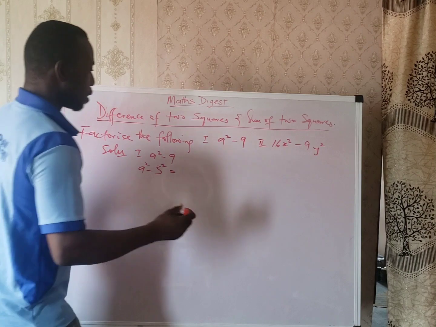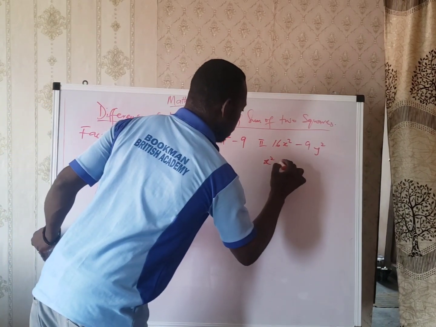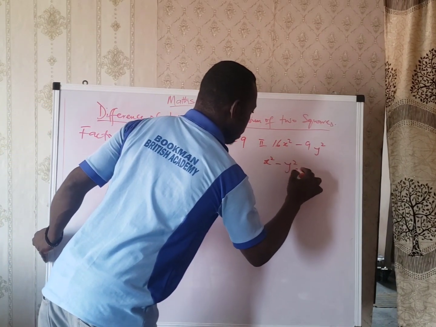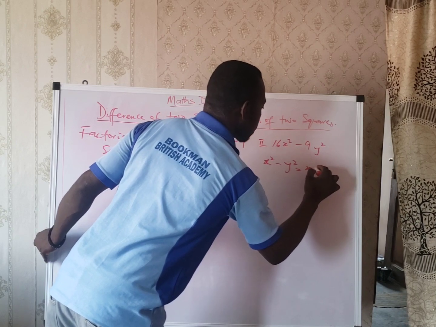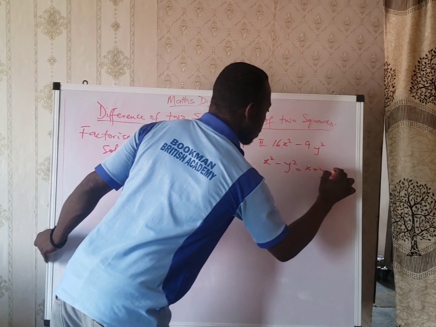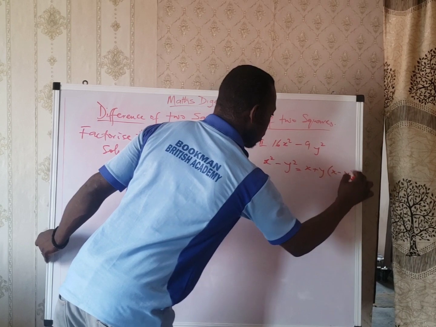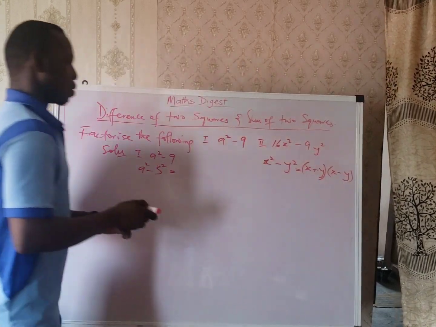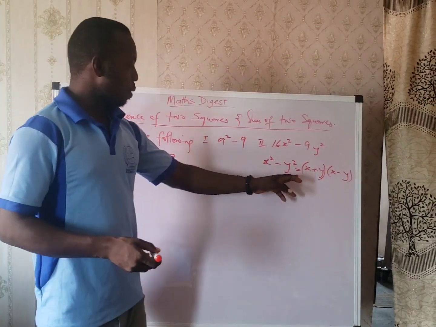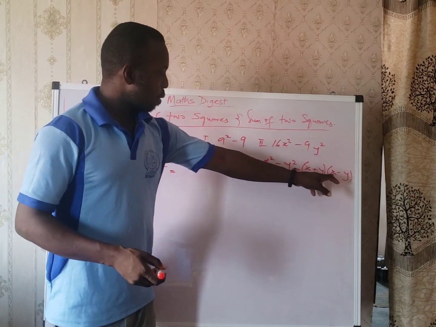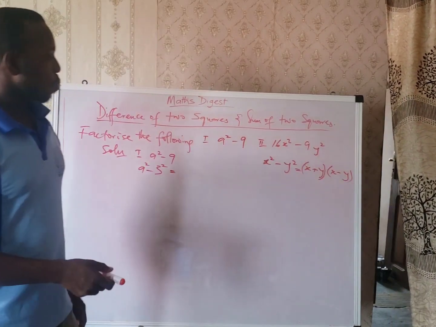Now, if you remember what we did, x squared minus y squared is equal to x plus y in brackets, x minus y again.